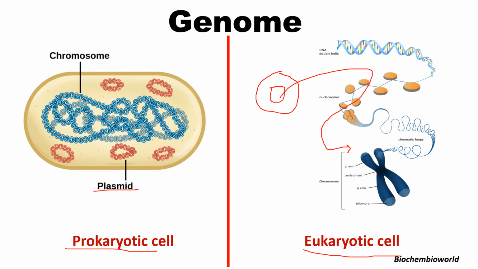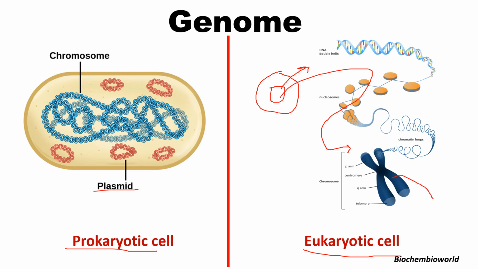Because it's large, it's in meters, and to confine such a long stretch of DNA into a micrometer cell organelle is very difficult. So we need that level of cellular organization, genome compaction, which leads to the packaging of that into the nucleus. Okay, these are the chromosomes.